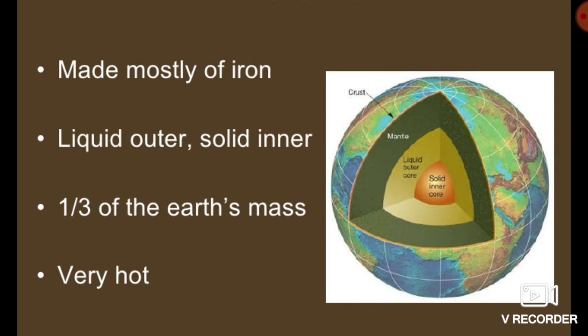The density of outer core is 5 gram per cubic centimeter, while the density of inner core is 13 gram per cubic centimeter. This high density of this region is just because of presence of heavy metals, that is nickel and iron. In short, it is called NiFe, means nickel plus ferrous.